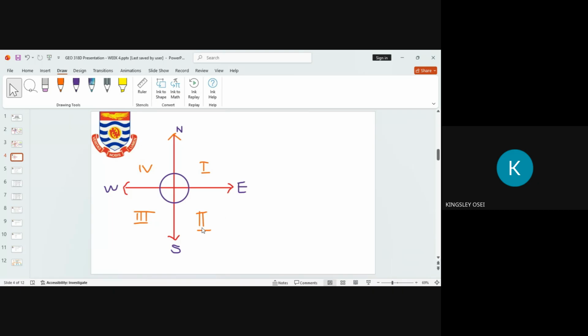When you are here, quadrant 2, you are defined by the south direction and the east direction. When you are here, quadrant 3, you are defined by the west direction and then the south direction. And when you are in quadrant 4, you are defined by the north direction, west.